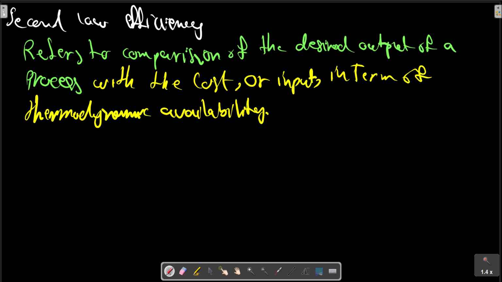Thus, the isentropic turbine efficiency, for example, is the actual output divided by the work by the hypothetical isentropic expansion from the same inlet state to the same exit pressure for a turbine. The actual work Ws output divided by the work by the hypothetical isentropic expansion will be called the first law efficiency.